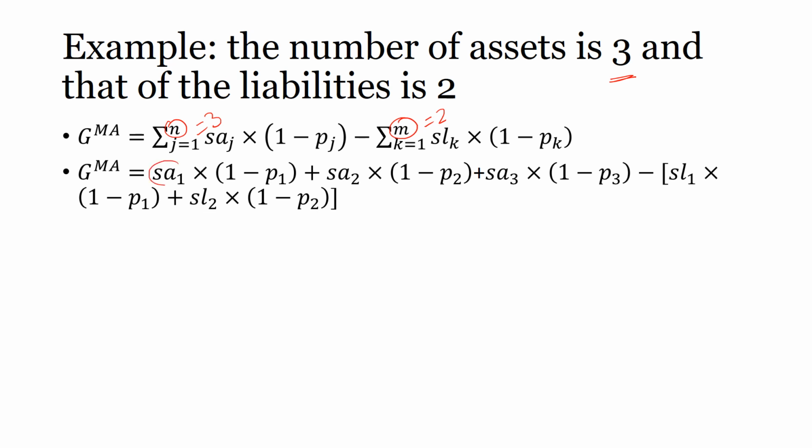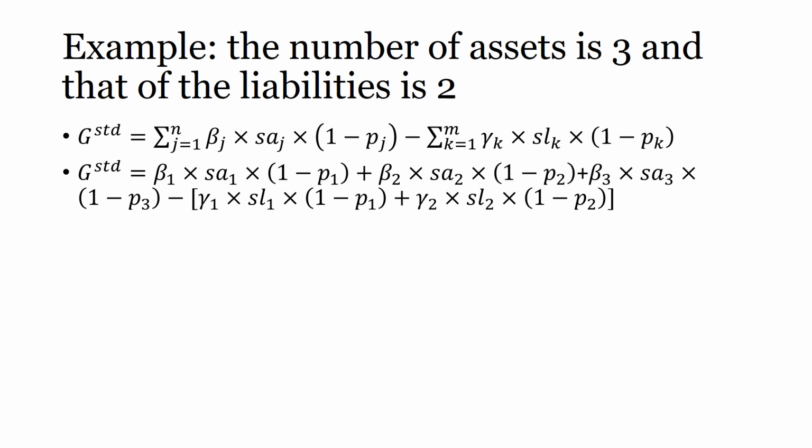So sensitive asset 1 times 1 minus P1 plus sensitive asset 2 times 1 minus P2, plus sensitive asset 3 times 1 minus P3. Because you have only 2 liabilities, you take liability 1, you multiply by the weight, which is 1 minus P1, then you add liability 2 multiplied by its weight, which is 1 minus P2. You add them up. You see you have a bracket here, so you add the 2 of them and you subtract the sum of the liabilities from the sum of the assets.